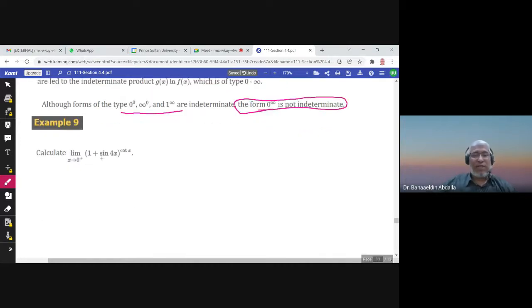So if I replace x by 0, sine 0 is 0, 1 plus 0 is 1, 1 to the power cotan 0. Cotan is cosine over sine, 1 over 0 is infinity. So this is in the form 1 to infinity, and this is an indeterminate form. So what to do? I call y equals 1 plus sine 4x to the power cotan x.